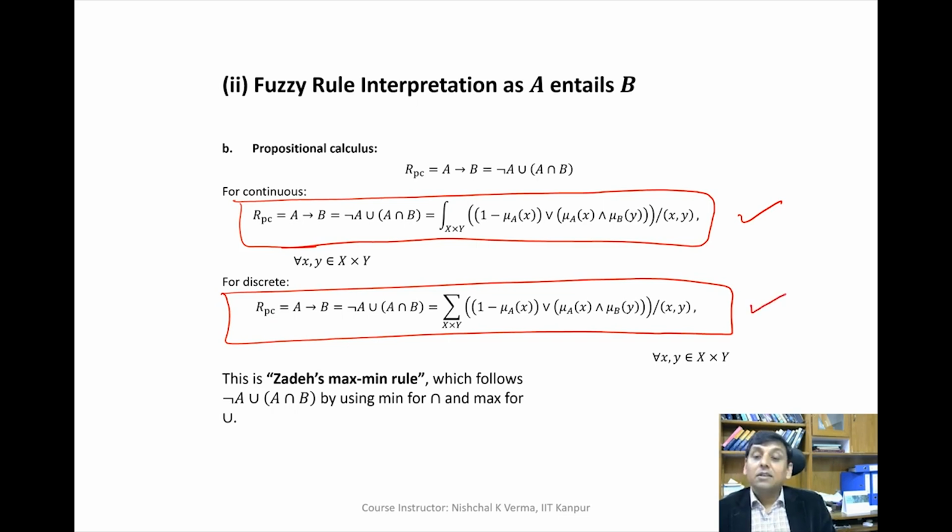And this is called the Zadeh max-min rule. This is very important to note, which follows the negation A union of A intersection B by using min for intersection and max for union. So wherever we have the min, we use the intersection, and for max we use union.